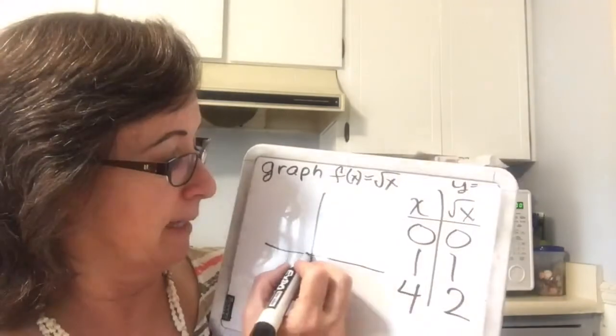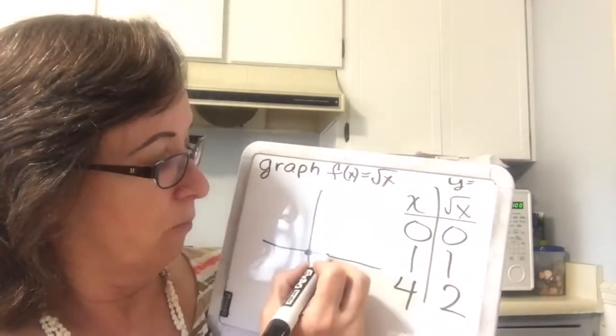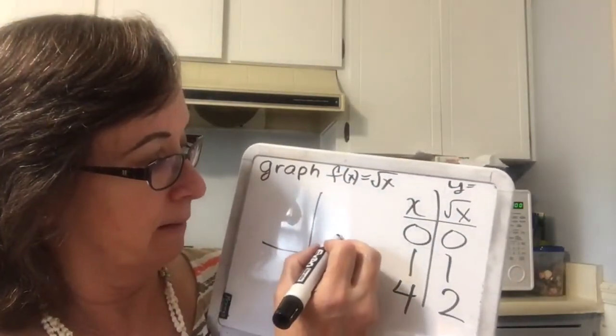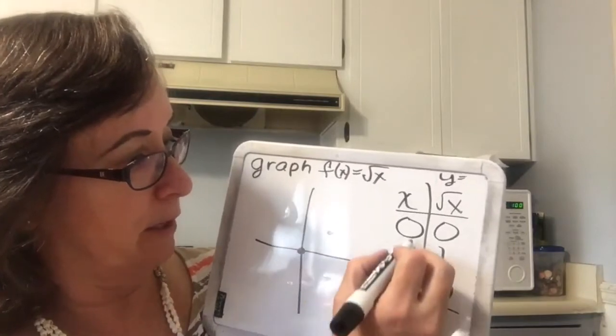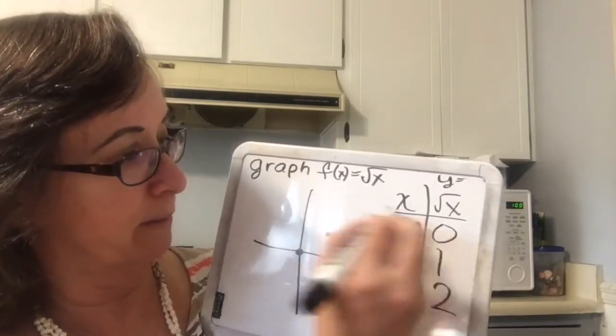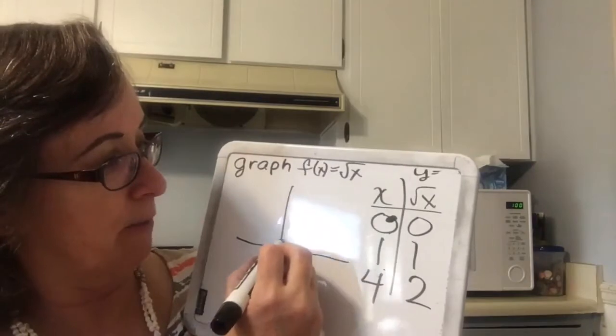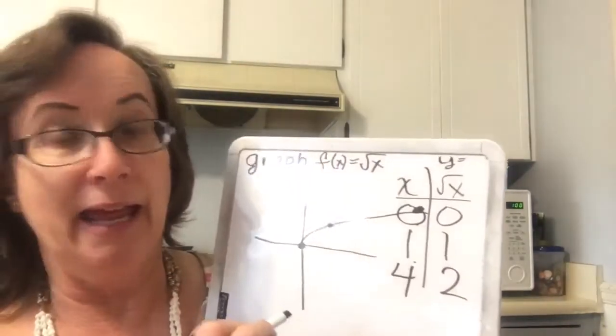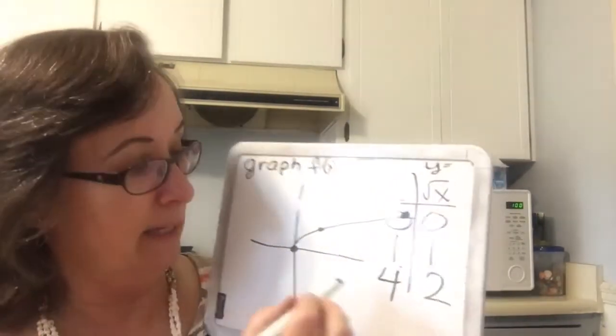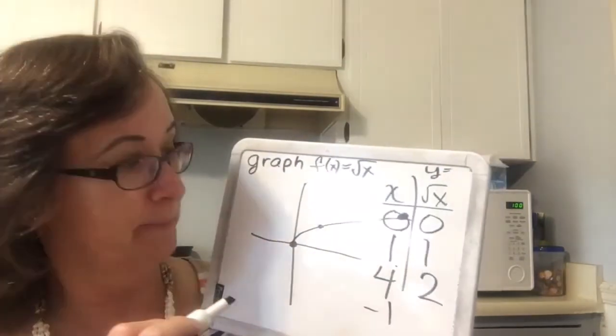Okay, so I've got 0, 0, 1, 1, and 4, 2. So maybe over here, okay? And so I know it's going like this. If I want to continue, I would plug in a negative 1.